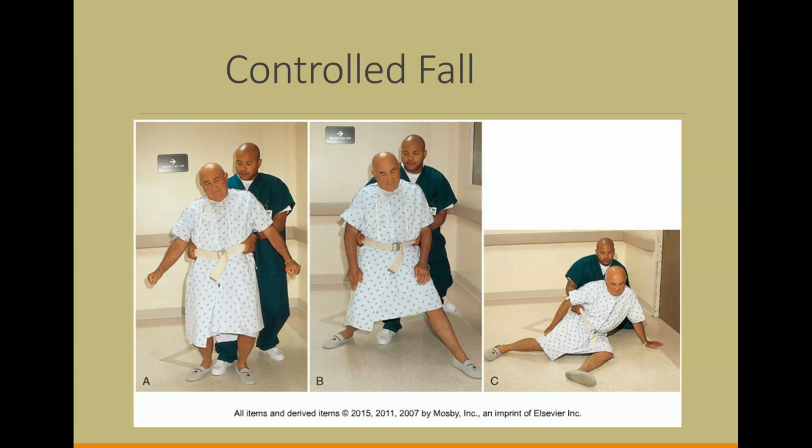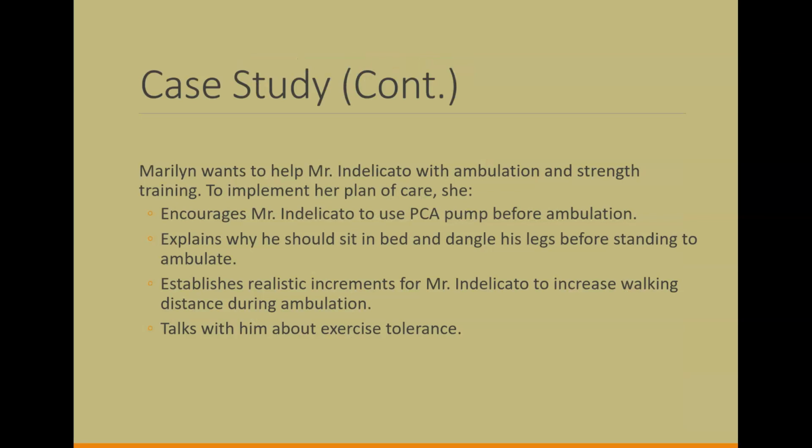You're going to let them go down, but you're going to control them going down to the ground. That way, there's no injuries, and that's the whole purpose of that. So you can look at this picture and you can see, you're not going to try to hold on to them. You're more or less blocking them from having a fall.